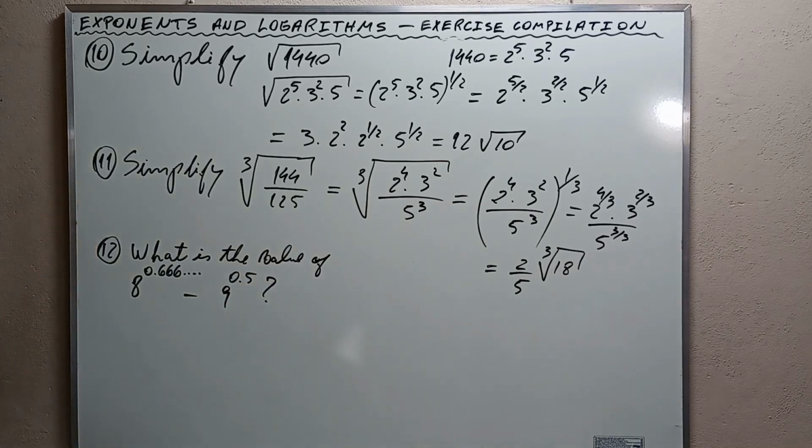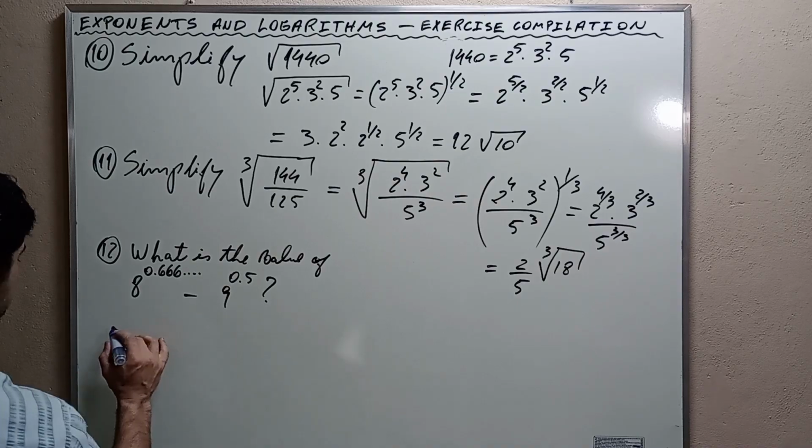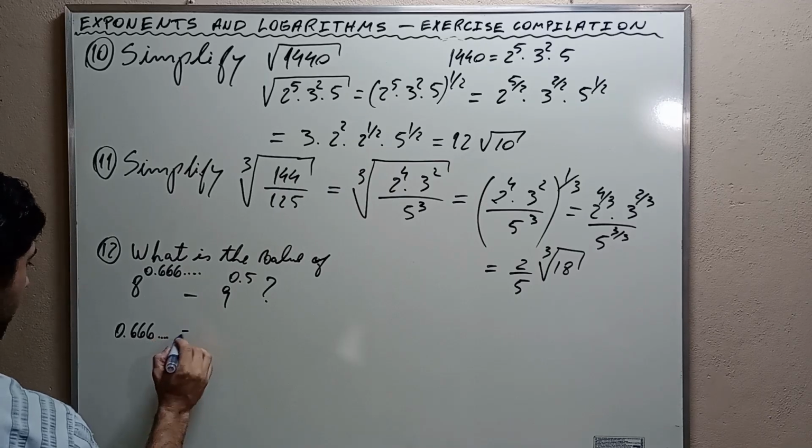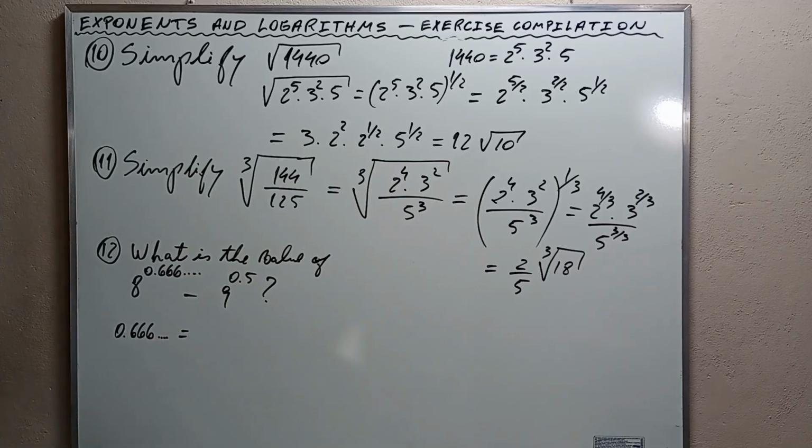What is the value of this number? This is the question. And to solve it, we have to observe that this is equal to 2 thirds. Okay? If you divide 2 by 3, you're going to get this.